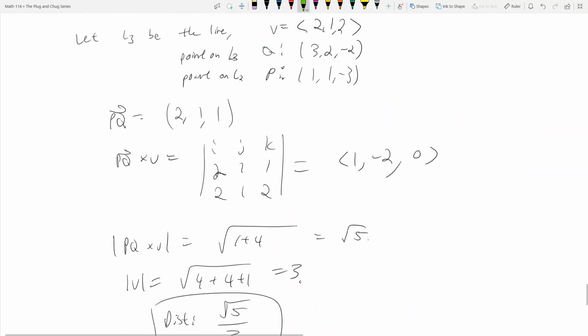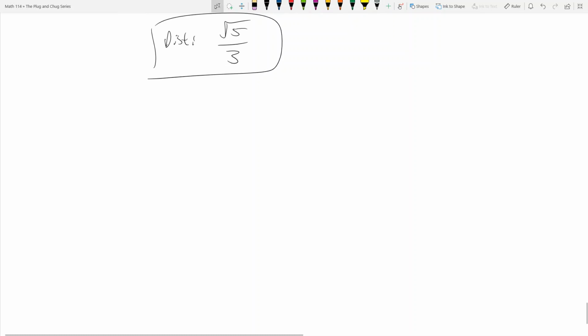Okay? Next part, this is going to be a long video, so hang in there, is the distance between, let's do, I know it says skew lines, but we're going to do parallel planes. Okay, and it's the same idea, right?